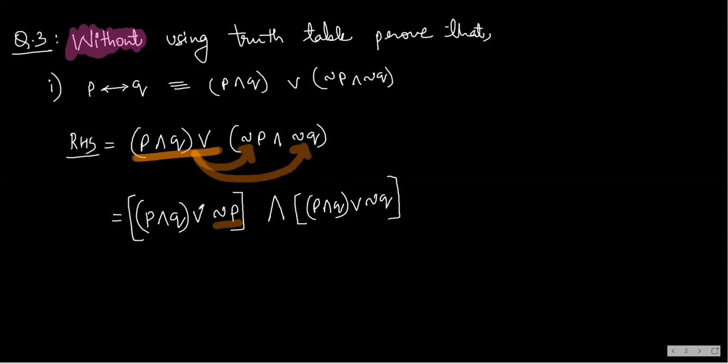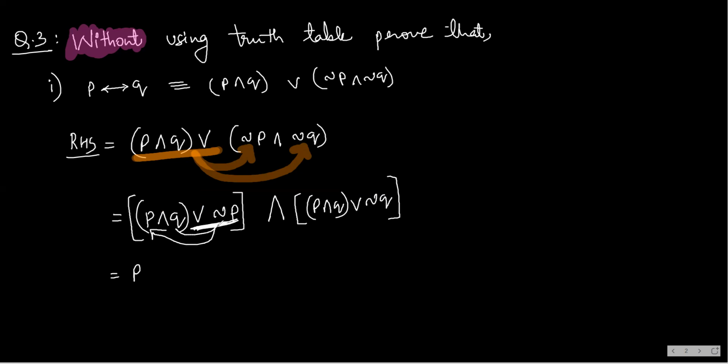Once again, why? Because you have or and you have and. They are different, inside the bracket and outside the bracket. So next we will have P. We are distributing this.